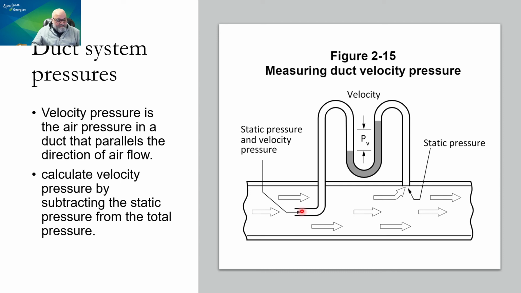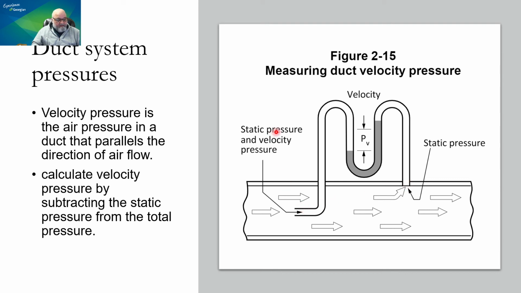But why is this important? Well, here's the thing. You cannot measure velocity pressure directly, guys, with the technology we have. Instead, we measure total pressure. Remember, this was total pressure, right? We measure total pressure, and we measure static pressure, and we simply subtract static pressure from the total pressure.